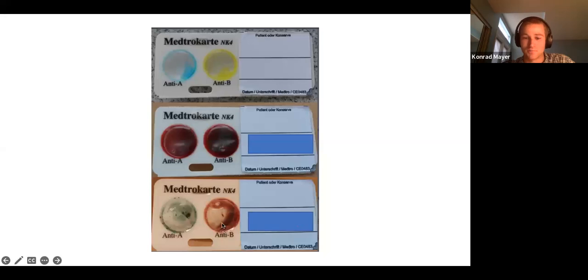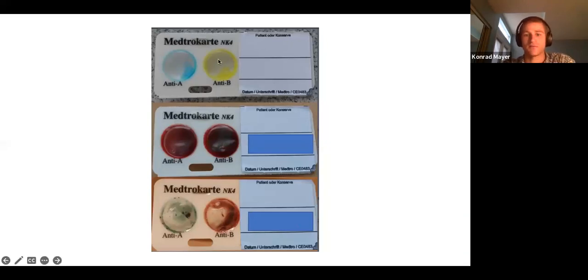There are no kernels, no tiny dark patches. You can see how this does not look as liquidy and soupy as this here. So group A is the answer. It's agglutinating here, you can see these agglutination kernels, and this is not agglutinated. This is agglutinated. So group A.